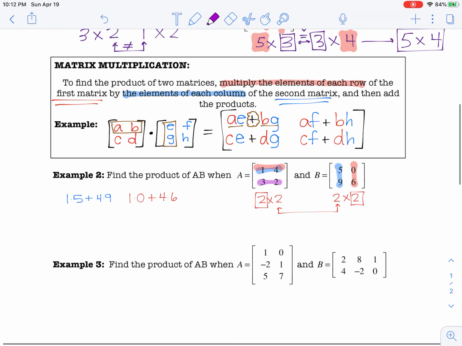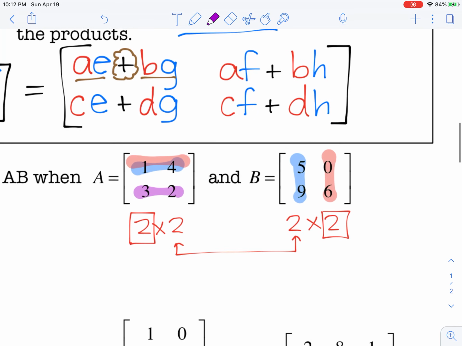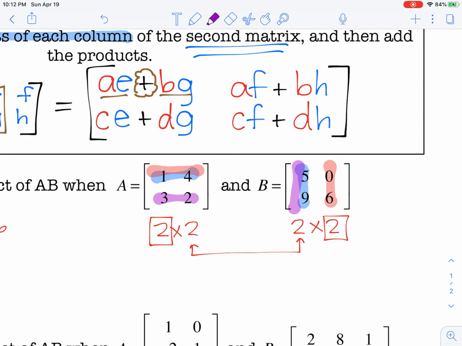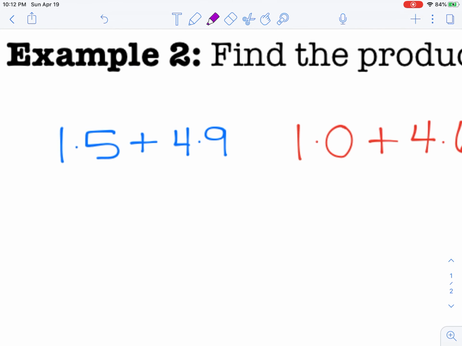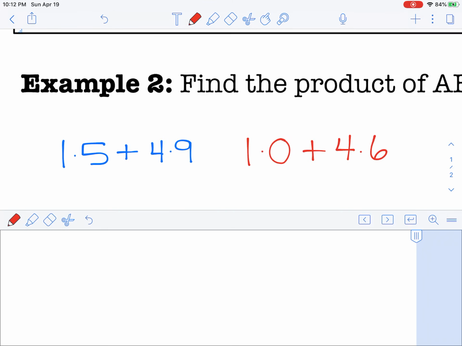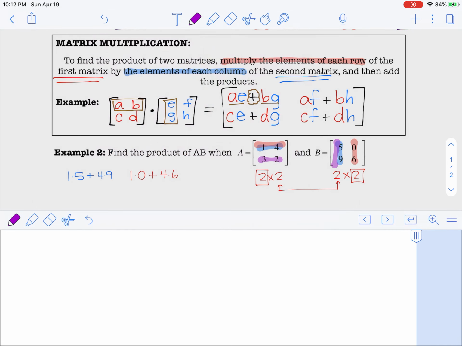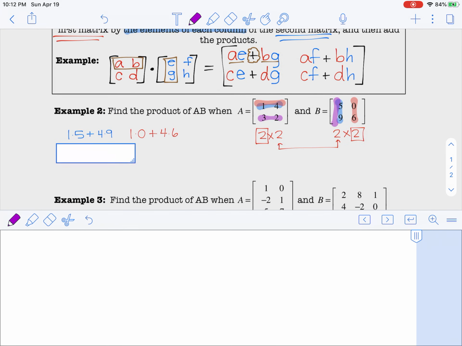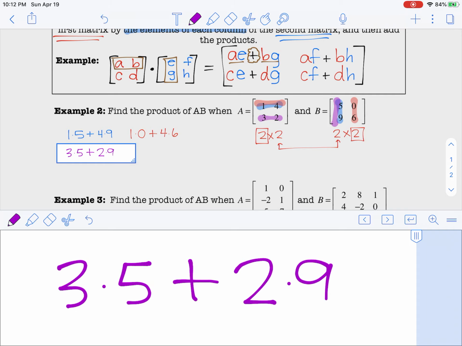All right, so now we're going to go to our second row. We're going to take 3 times 2, and we're going to multiply it times 5 and 9. So let me go ahead and use my magnifying glass again. So we have 3 times 5, so the first part of our second row, times the first part of the first column, plus 2 times 9.